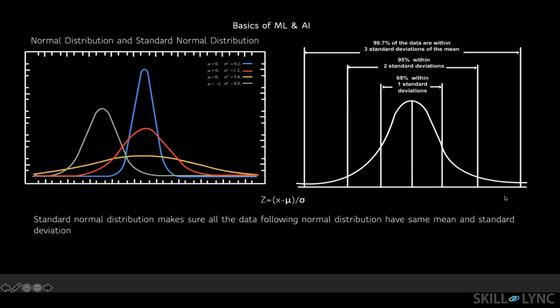This is important, guys. Trying to bring different scales into one normal scale is called the standard normal distribution. And now this is important again. On the x-axis we have the random variable, and on the y-axis we have frequency.